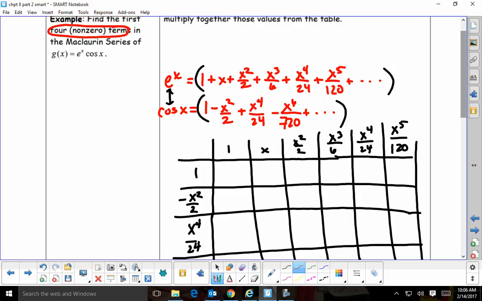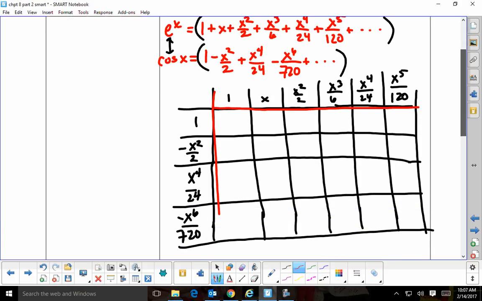I'm going to wait for you to get your tables set up. It's nice if you use a different color on the inside or make this line really thick so you know those are not terms. Okay? Going on.